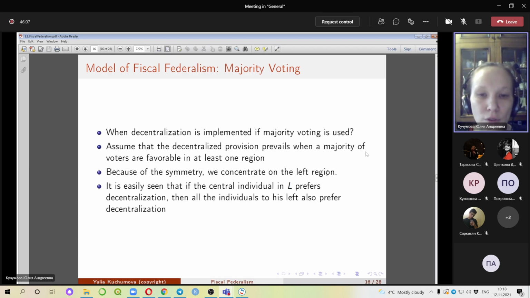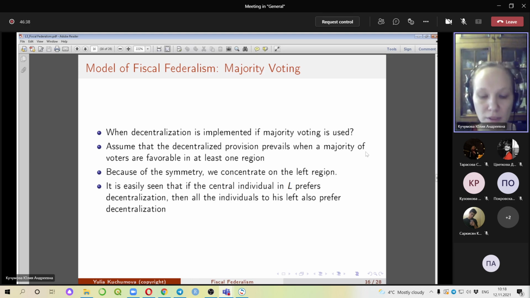And then the next question is, well, we know what is optimal. Now we need to discuss what happens when there is no social planner and people need to make decisions by themselves. What would they choose? Usually in practice, to make decisions like that, people use voting. We will now discuss when decentralization is implemented if majority voting is used.